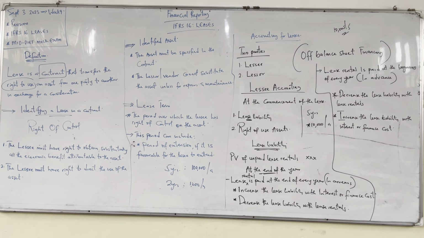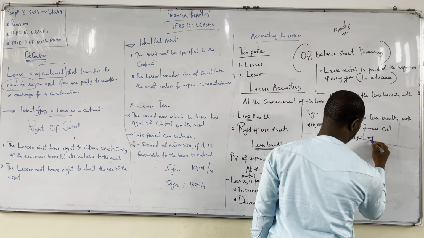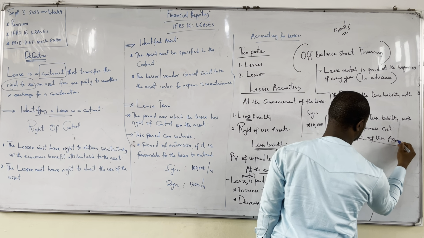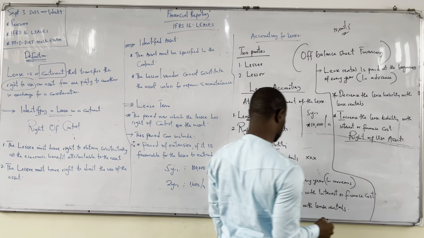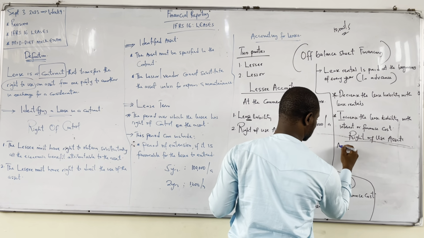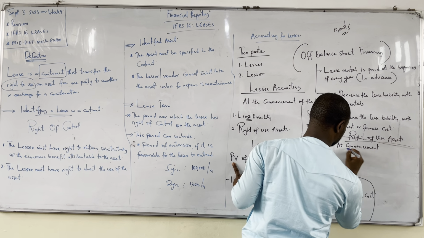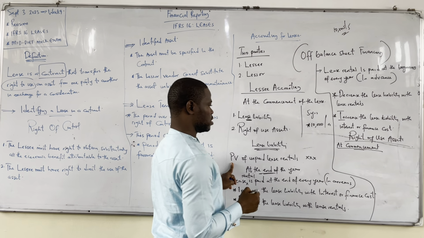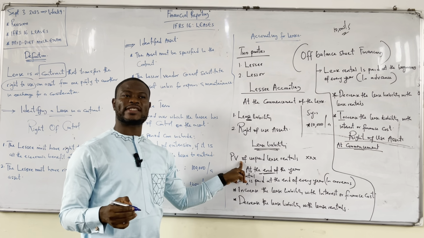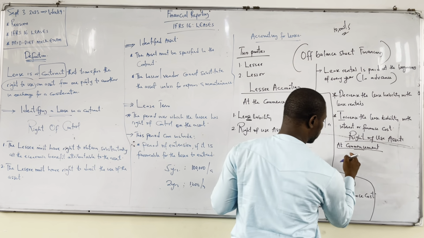So now let's quickly look at the right of use assets. Okay, and I've told you already that for the right of use assets, at the beginning, at commencement, where you credited this, when you increase your lease liability with the unpaid lease rental, the other leg will come where?